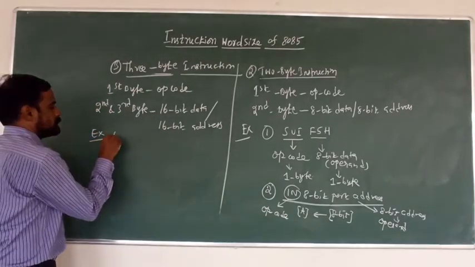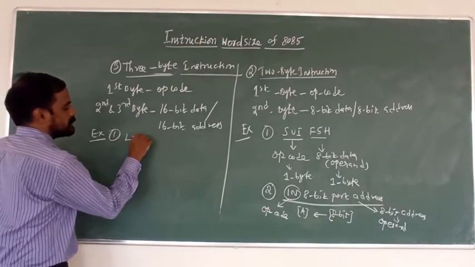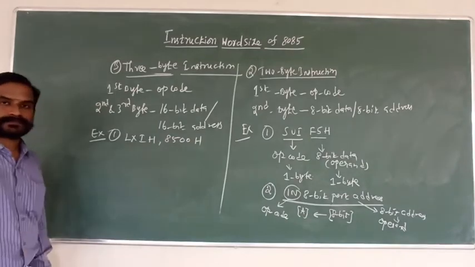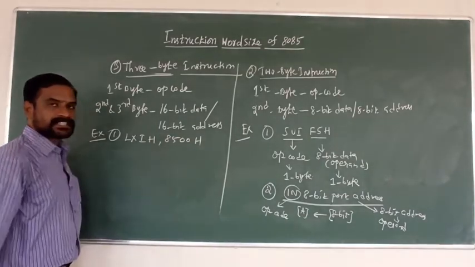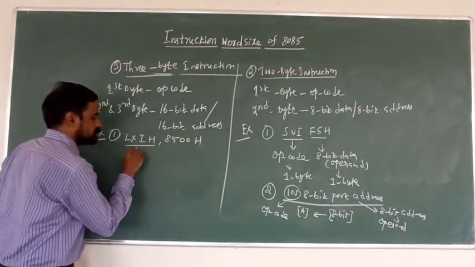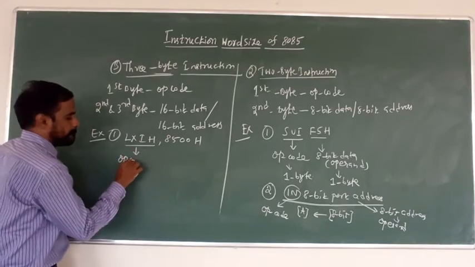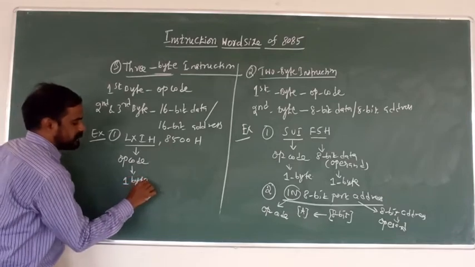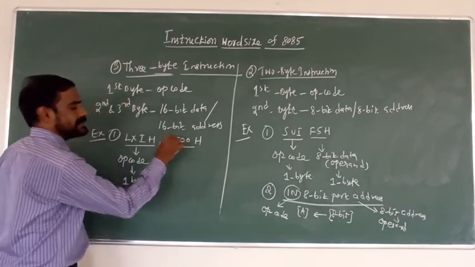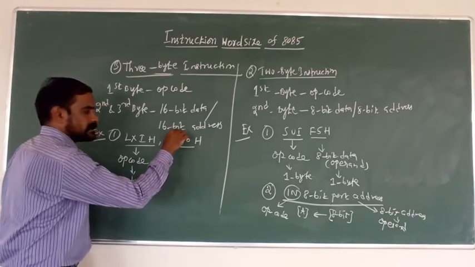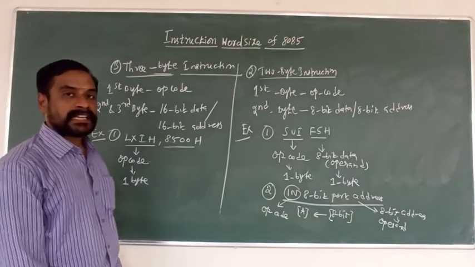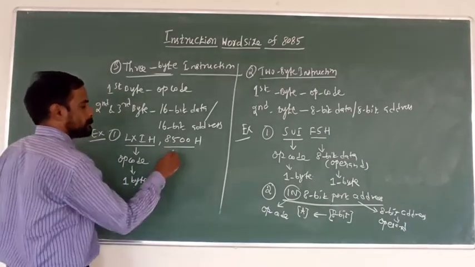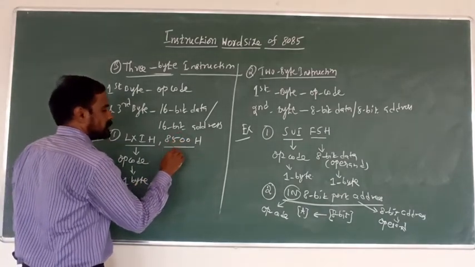Example number 1, LXI H, 8500H. This is a 3 byte instruction. LXI H is the opcode, 1 byte, and then a 16-bit address. A 16-bit address means it consists of 8 bits plus 8 bits.